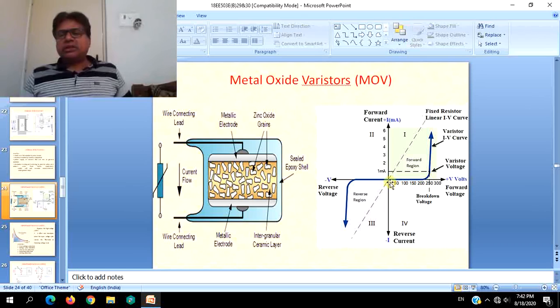You can observe that the curve is simply flat, that is, current is zero. But when the voltage exceeds the breakdown voltage, there is a sudden increase in the current, or you can simply say that the resistance of the MOV decreases to zero, and it simply conducts.